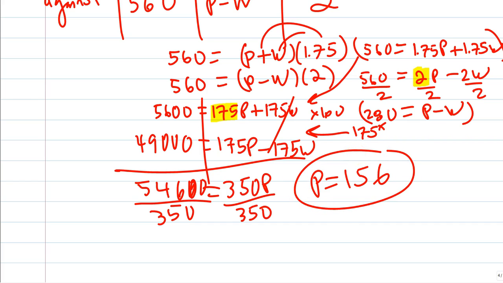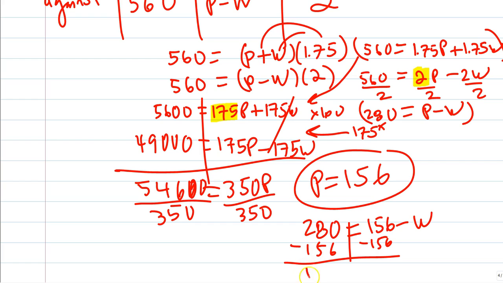So how fast is the wind going? Well, I'm going to go ahead and plug it into that second equation, even though it's got a negative W, because I do not like having these decimals. So I'm going to say 280 is equal to P, 156, minus the W. I subtract 156.